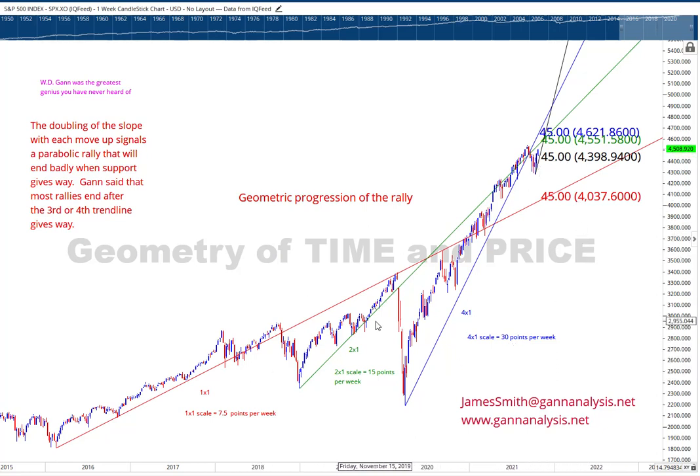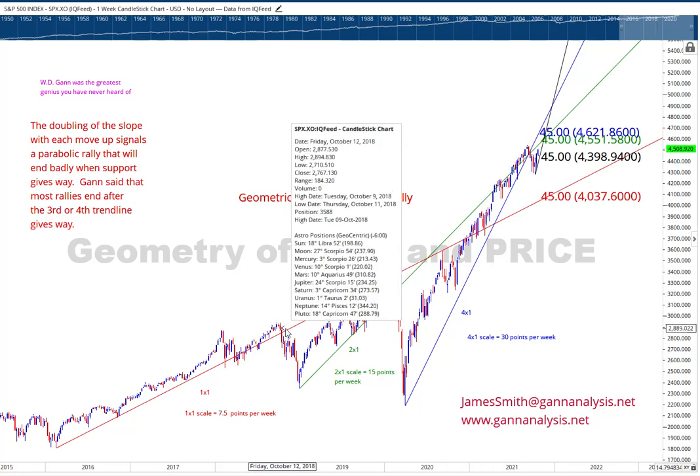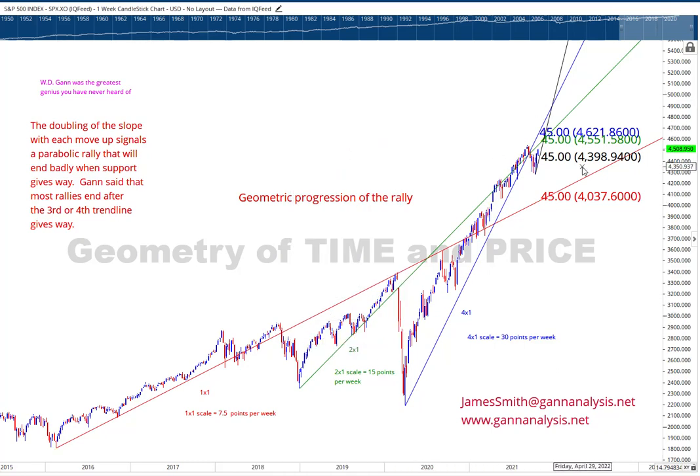So very strong parabolic move. That is the epitome of a parabolic rally. You keep doubling the slope. You keep going up on twice the slope of the prior slope. And you keep doing it until you finally break. And like Gann said, most rallies end after the third or fourth trend line gives way.